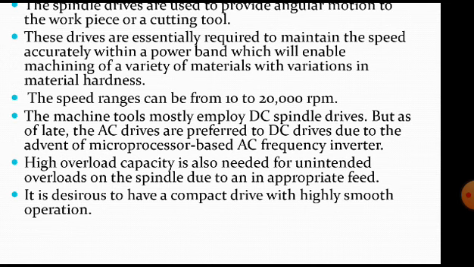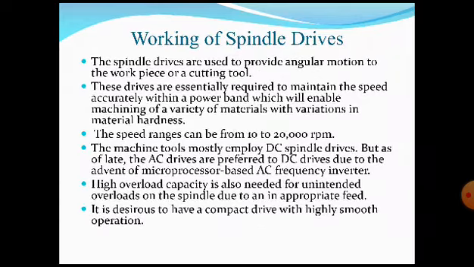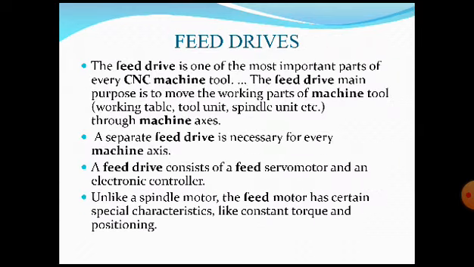It is desirable to have a compact drive with highly smooth operation. The spindle drives used on CNC machine tools should be very compact, not very large with a massive weight. They have to provide excellent speed regulation as per the requirement. So that is the basic understanding about the spindle drives.